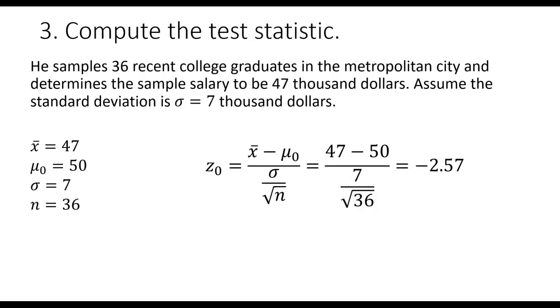So we're going to take x bar minus mu sub 0 divided by sigma divided by the square root of n. Keep your formula handy. Again, I recommend you write the formula down first, then substitute your values in accordingly. Do the math, make sure you keep your numerator and denominator separate, use parentheses in your calculator, and you should end up with a test statistic of negative 2.57.